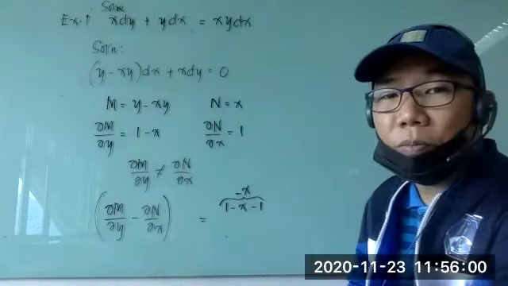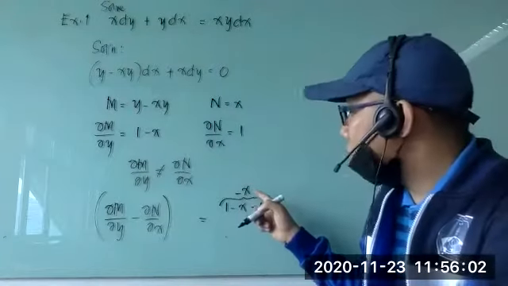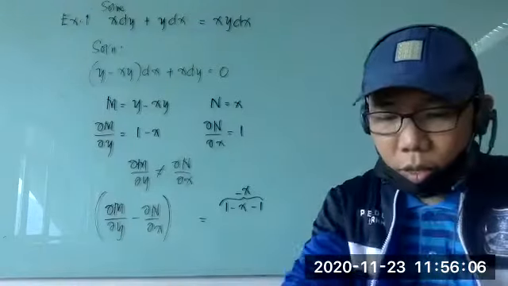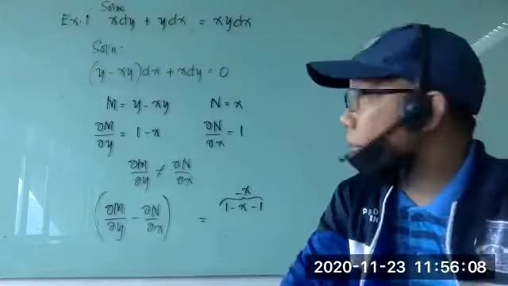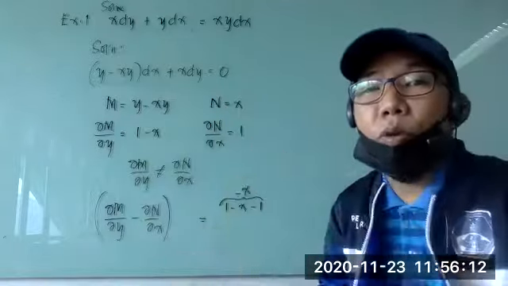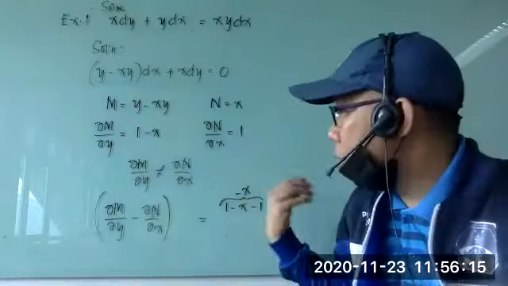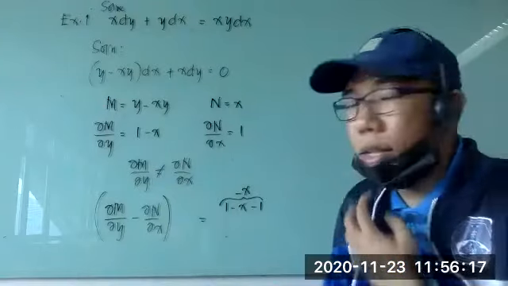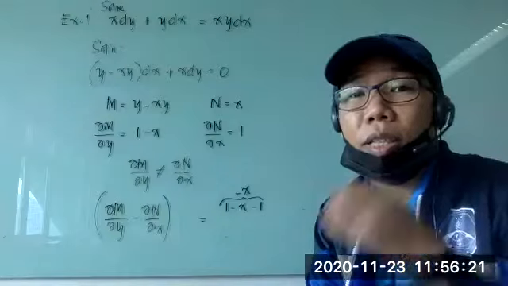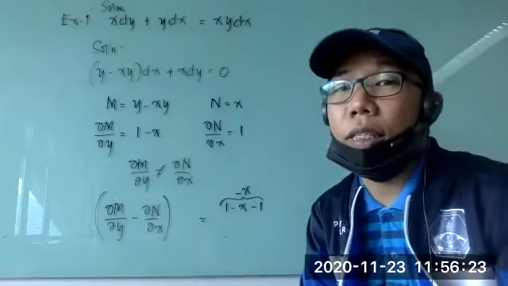Do you follow? Now you are going to decide what's an appropriate expression to divide. Is it M or N so that we have a pure function in the result? Remember that a constant could represent a function of y or a function of x.